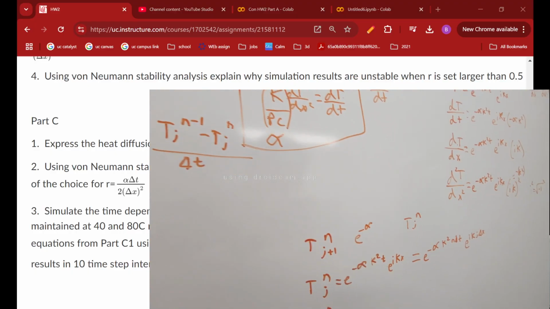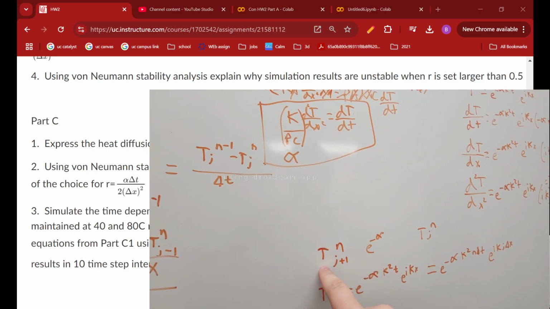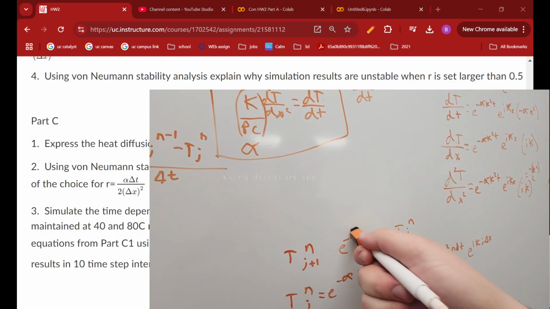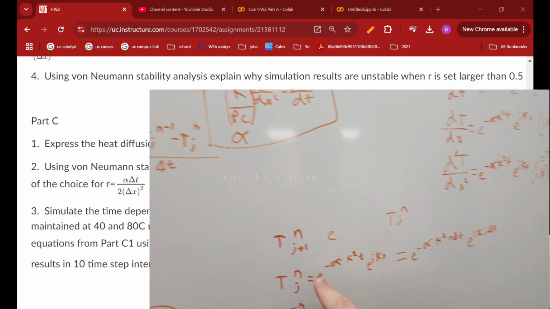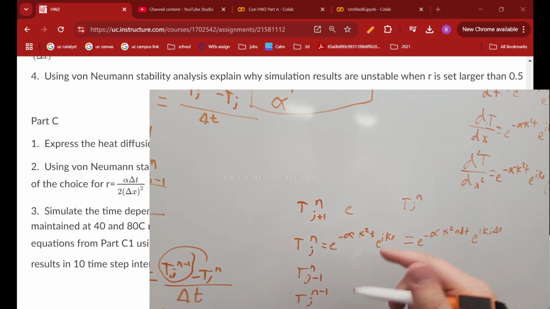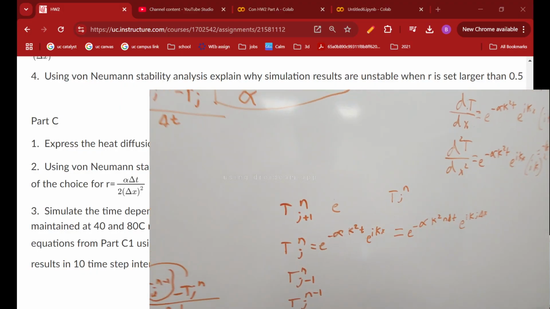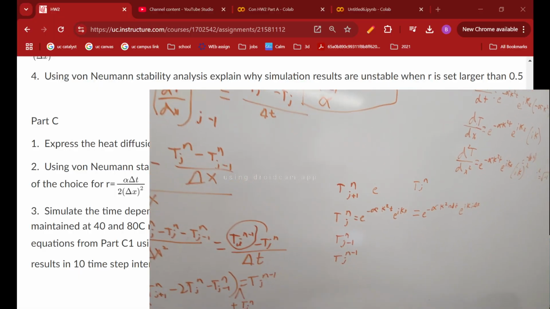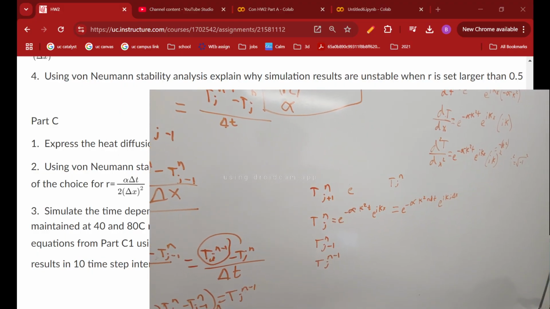T to the n, j plus 1, e to the... t to the j, so now we need the plus 1 portion of it.